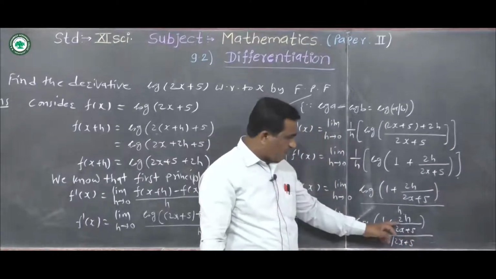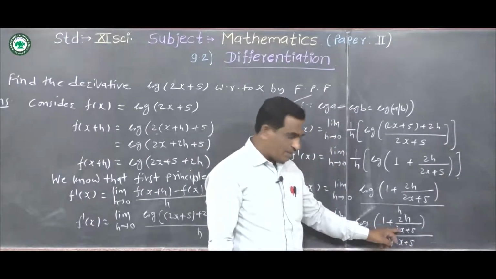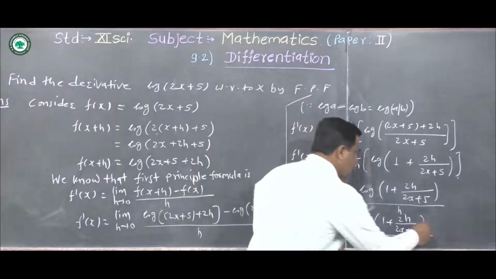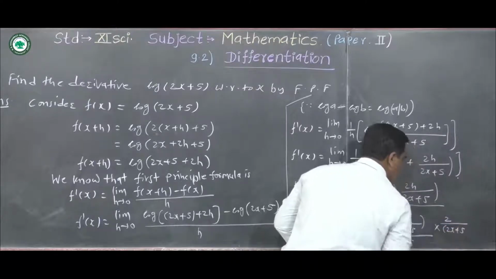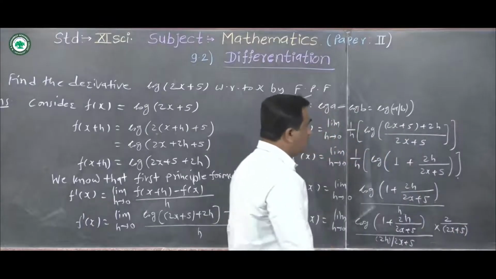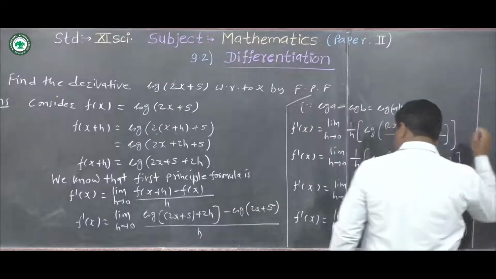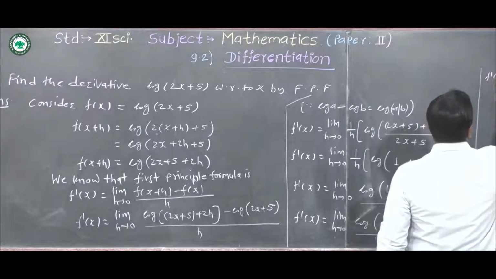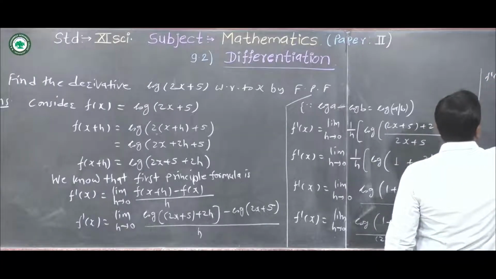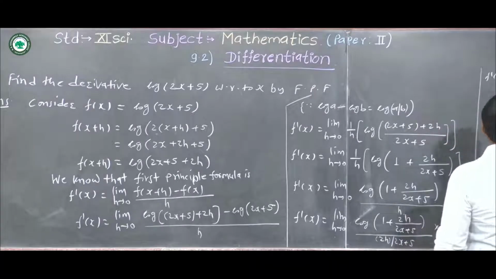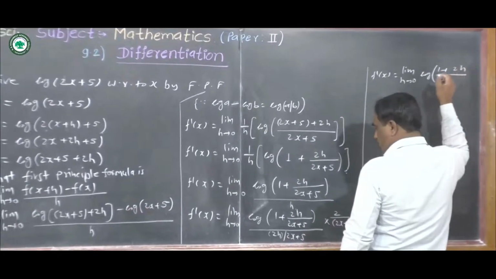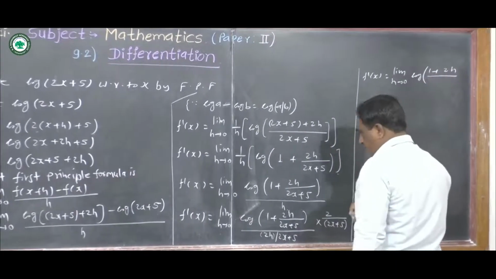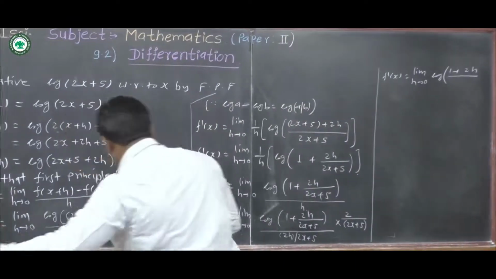We have to multiply by 2 upon 2x plus 5 in the numerator as well as the denominator, into 2 upon 2x plus 5. That is f dash of x is equal to limit h tends to 0 of log of 1 plus 2h upon 2x plus 5.